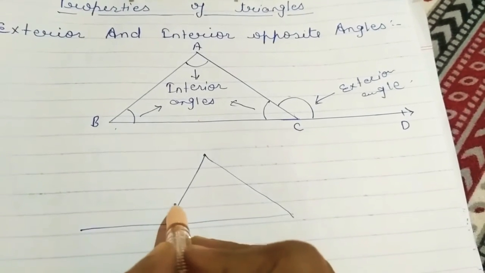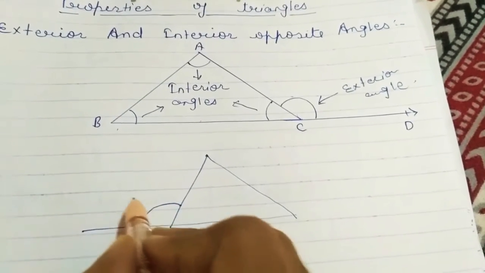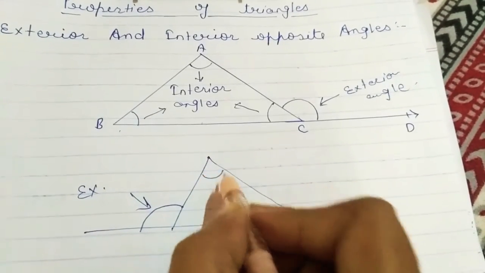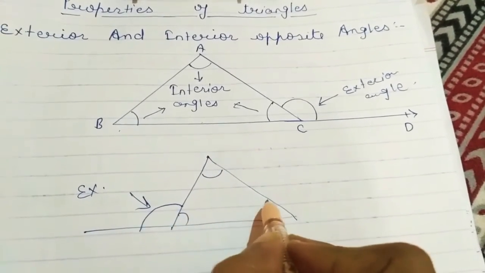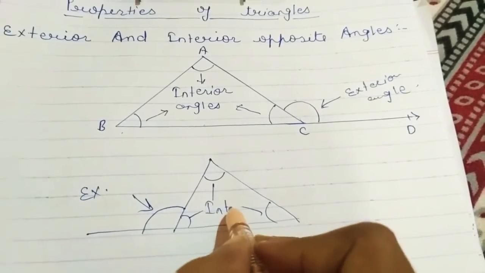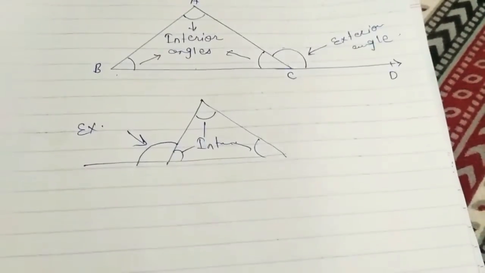In this figure also, this is exterior and inside the triangle is interior. Understood?